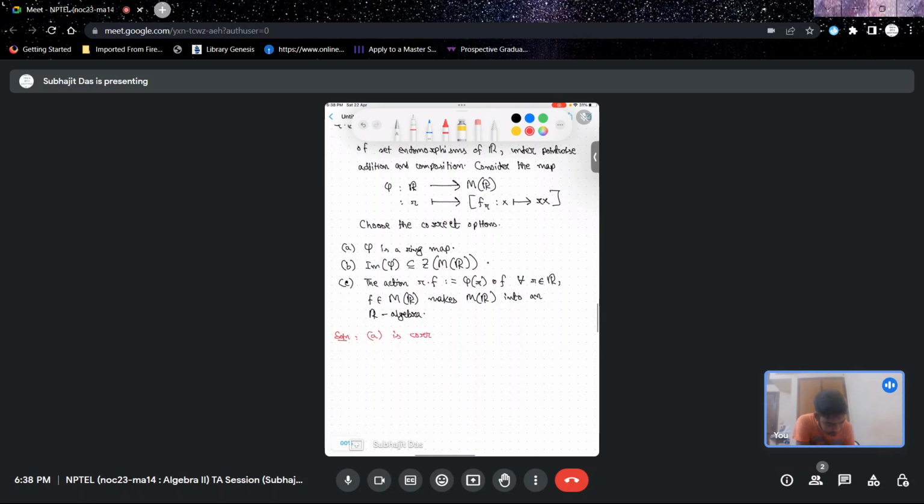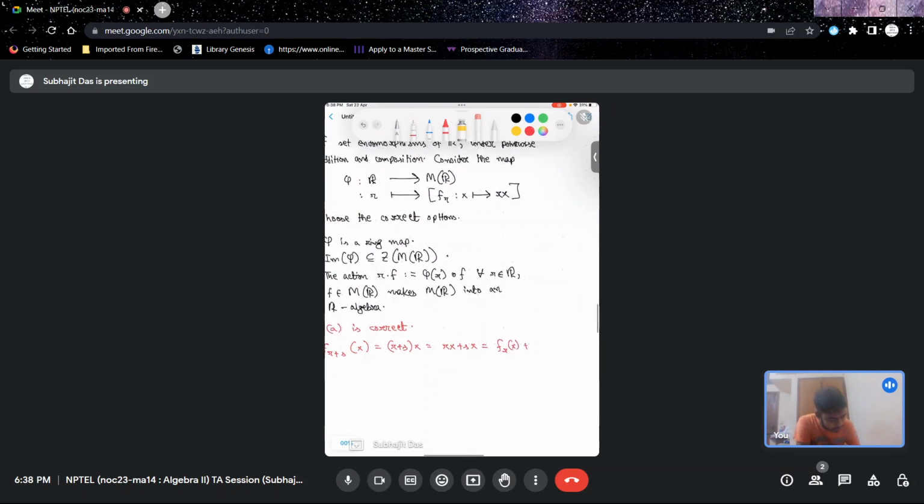You can just easily check this, since f_{r+s}(x) is equal to (r+s) times x, which is equal to rx plus sx, which is equal to f_r(x) plus f_s(x). I can just write it directly without so many steps.